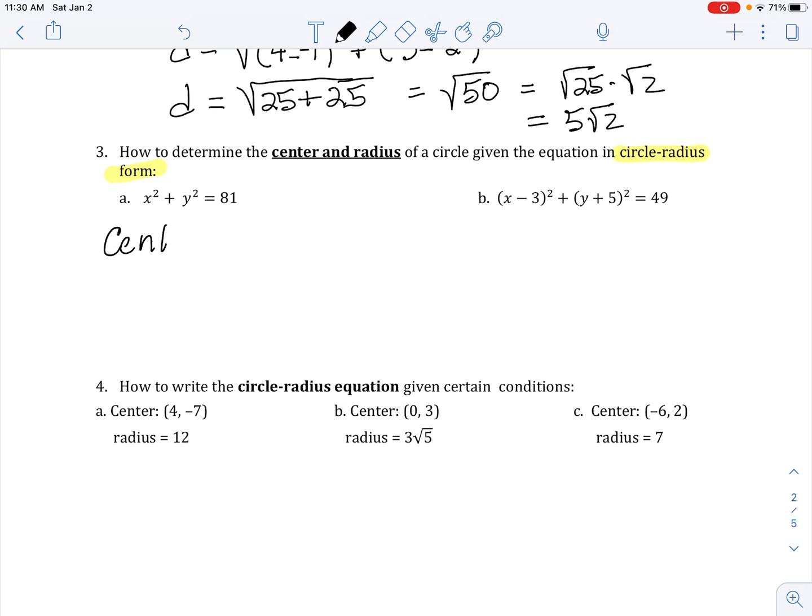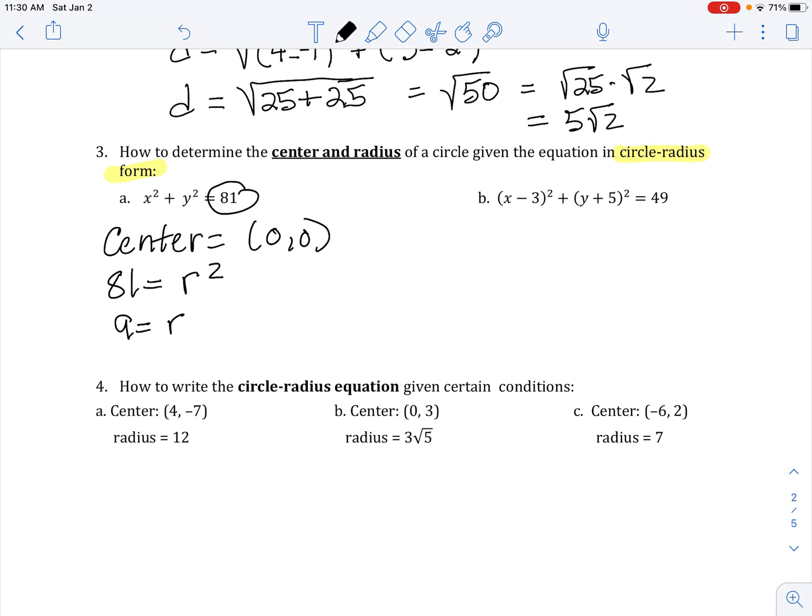So that means my center is 0, 0. 81 represents our r squared. So to determine the radius of that circle, we will square root our r squared. So the radius is 9.